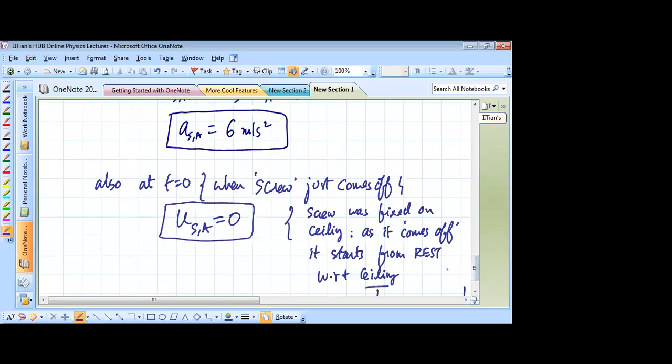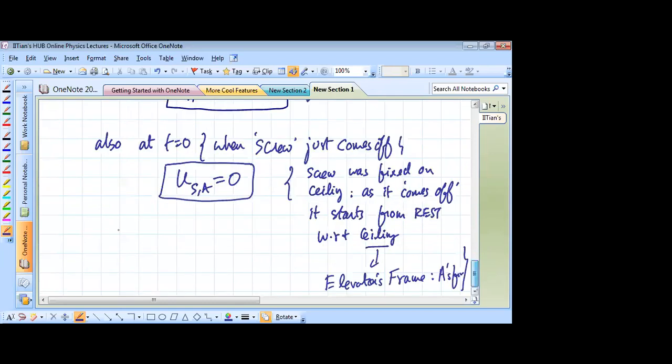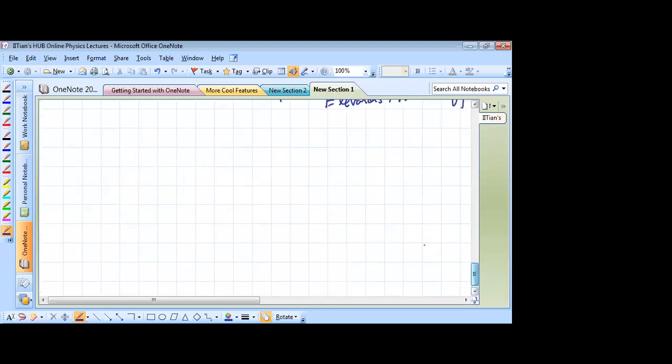And in time t equal to 0 to capital T, with respect to E, the screw falls through the entire height.